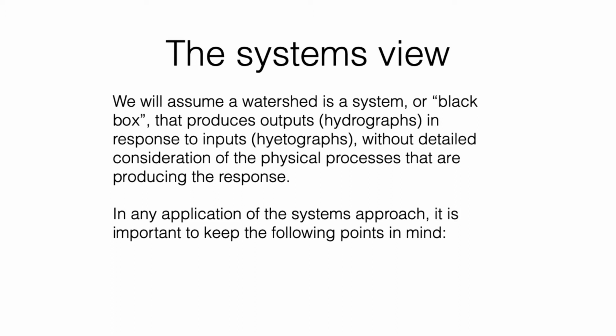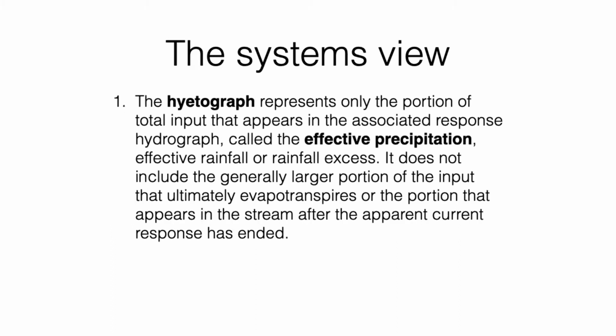Under this systems approach, we shall keep some points in mind. First of all, we need to feed the black box with a hydrograph that represents only the portion of the rainfall that will appear as response hydrograph. That is, the hydrograph must represent the effective rainfall, or at least the black box should provide some procedure to determine effective rainfall from total rainfall.